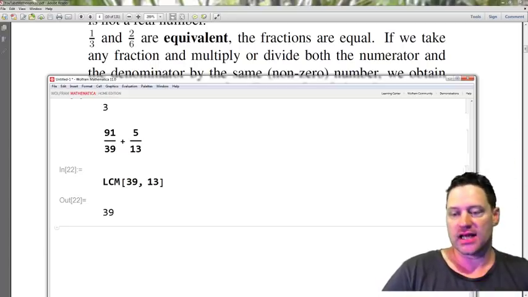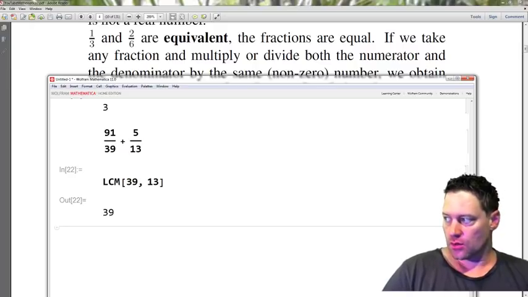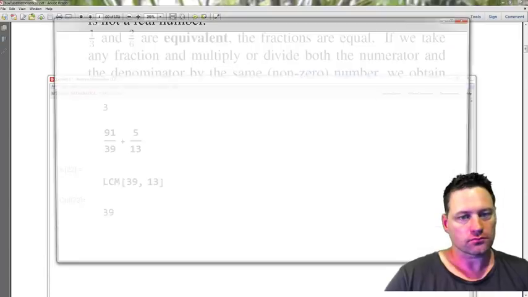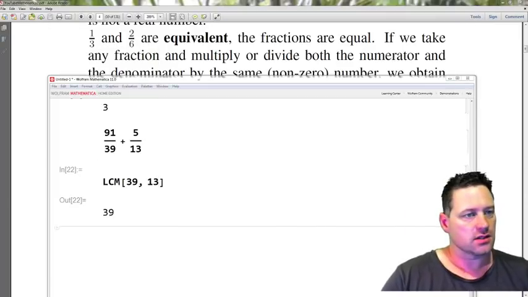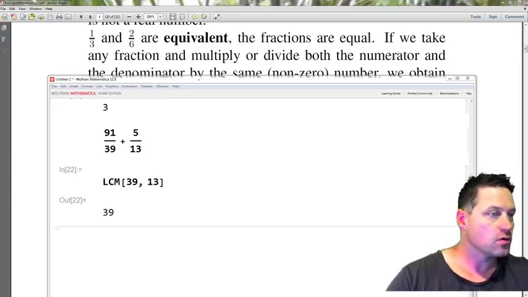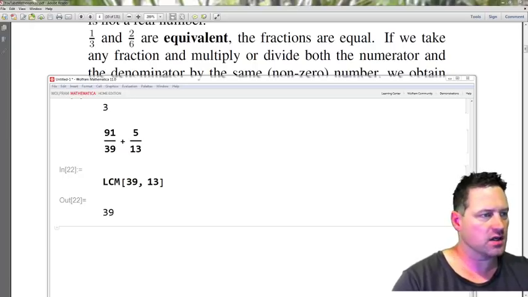Now there's a relationship between the greatest common divisor and the least common multiple. So let's just go on Wikipedia. I'll type in GCD wiki, I think.